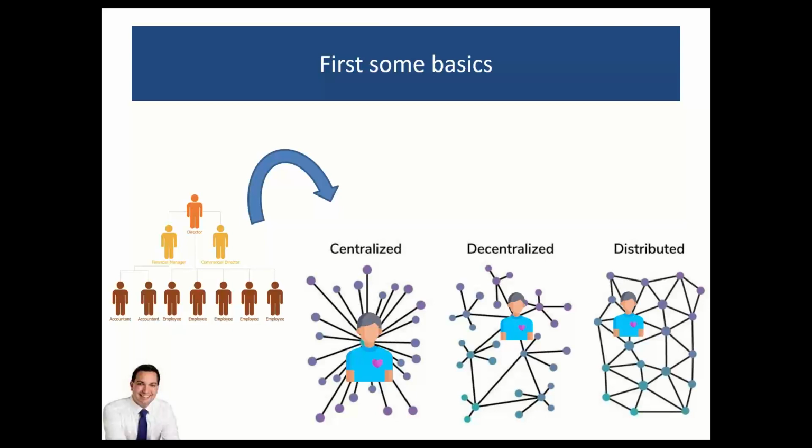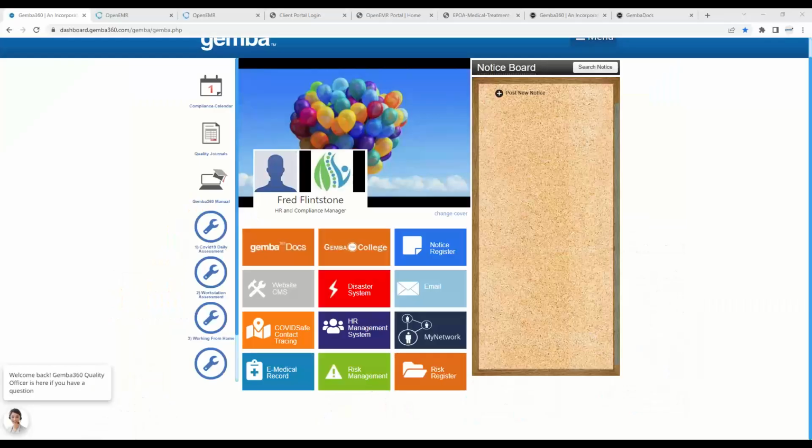So what we have done is to put the client in the center, and you'll see this being reflected in the Gemba dashboard. Let me bring this up, because this will show you what it looks like when you jump in and how it actually works for your agency. So let's jump in and have a look.